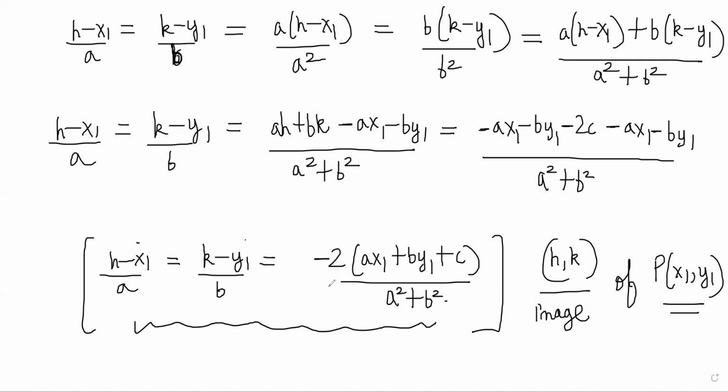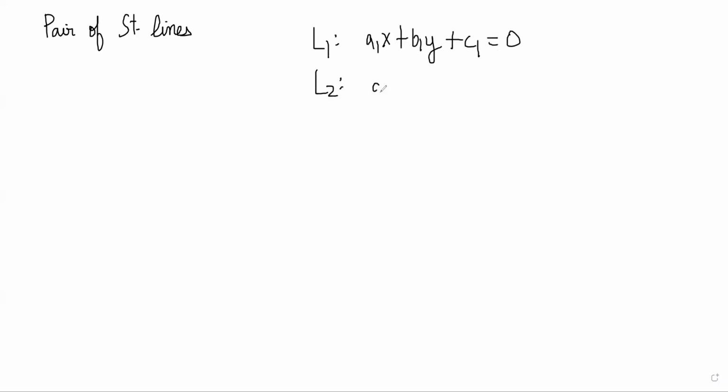Now what we will do is we'll think about what are pair of straight lines. So if you take two line equations, L1 is A1x plus B1y plus C1 equals 0, and another equation A2x plus B2y plus C2 is equal to 0.